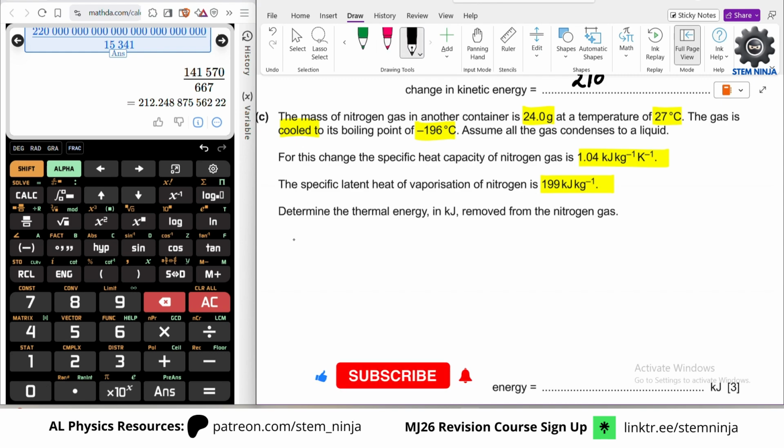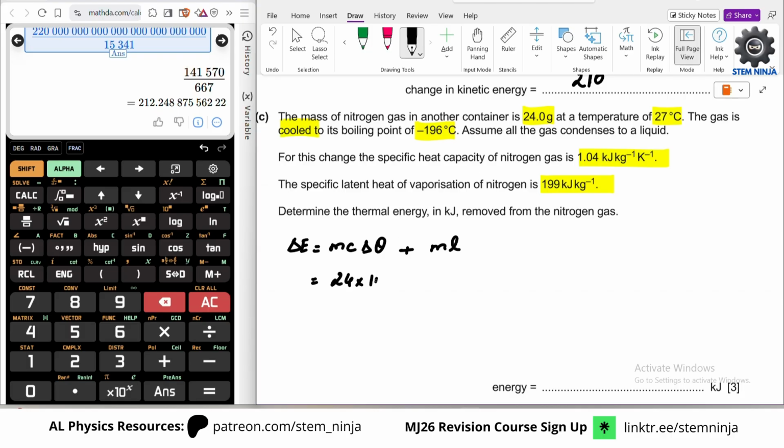So this is quite easy to do. The change in energy will depend on the energy change resulting from the cooling phase, where the temperature is changing, and then the conversion of state, which is simply mL. So mass is 24 times 10 to the power minus 3. Specific heat capacity is 1.04. Since we need it in kilojoules, we can keep both in kilojoules.